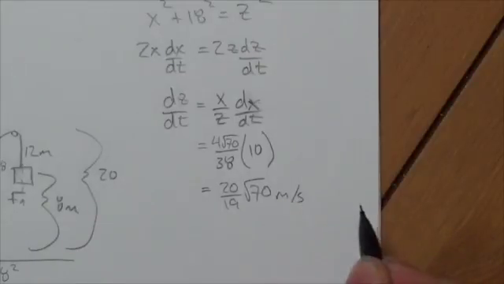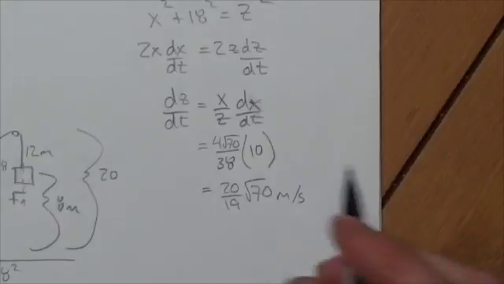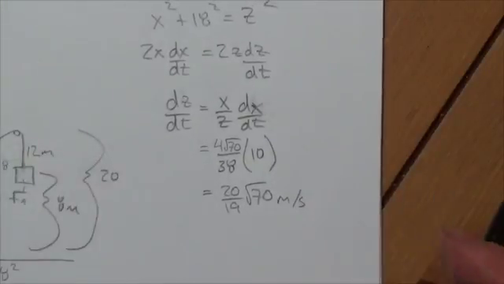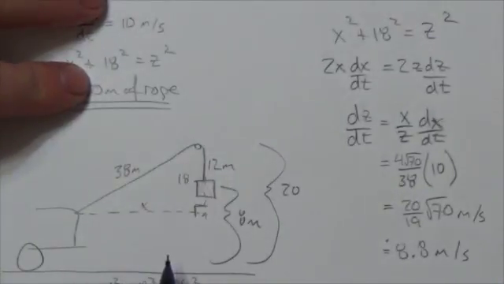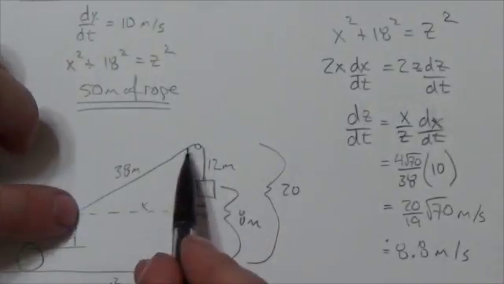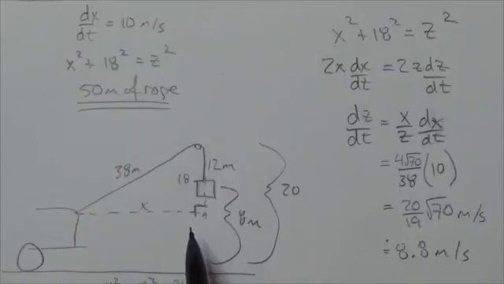Meters per second. Okay? Now, just to kind of help us get an idea as to what that really looks like, that is going to be approximately 8.8 meters per second. That is how fast that weight is flying up, because that is how fast the hypotenuse of that triangle is changing.